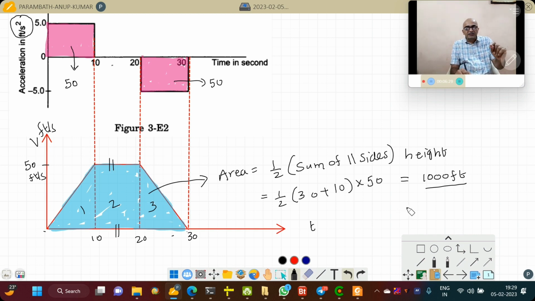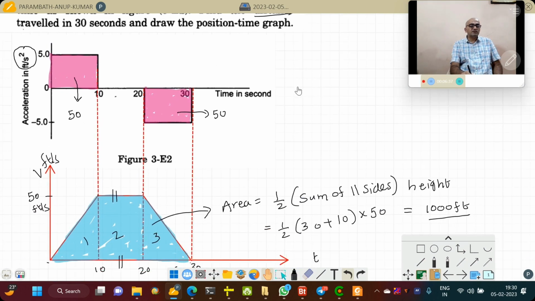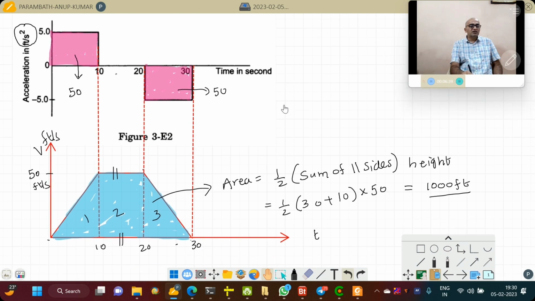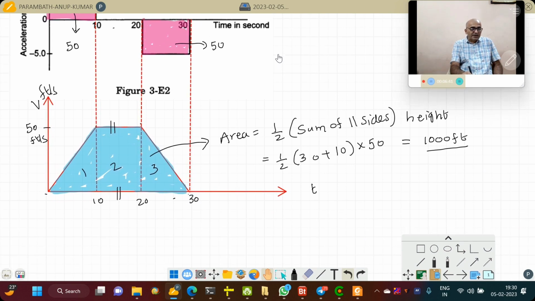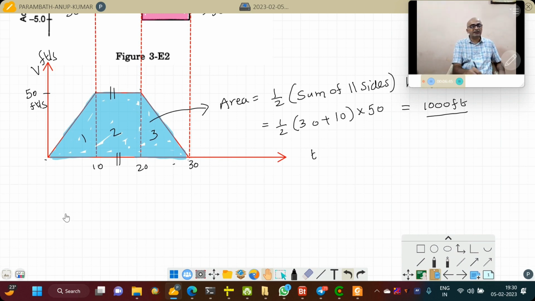He is asking another part also, that what is the position? Please draw the position time graph. The position time graph we have to correspondingly make. We'll have another xy axis graph like this.